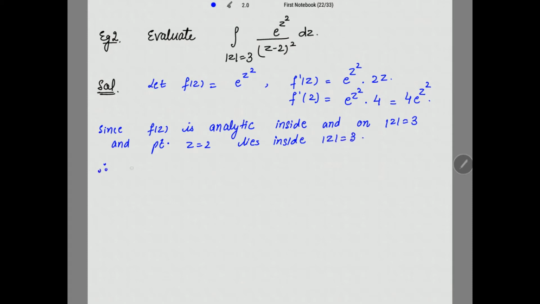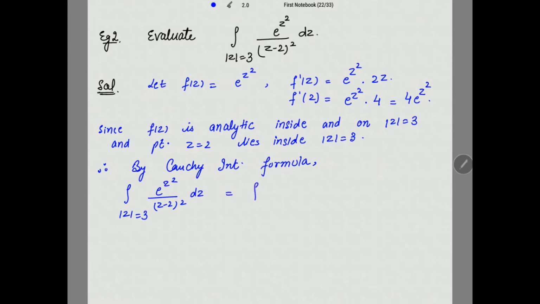So by Cauchy's integral formula, what we are having, integral over mod of z is equal to 3 e the power z square over z minus 2 whole square dz.